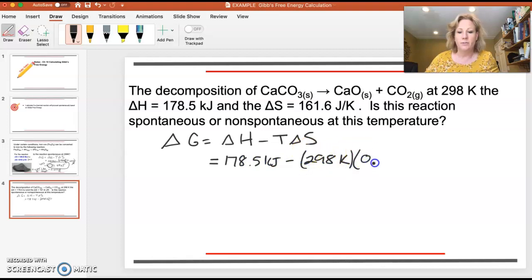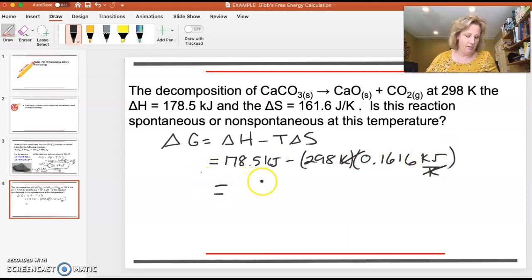Remember to change this, so I'm moving the decimal 3 places to the left. So my Kelvins cancel. So then I have 178.5 minus this term, and I end up with 130.3 kilojoules. So this is positive.